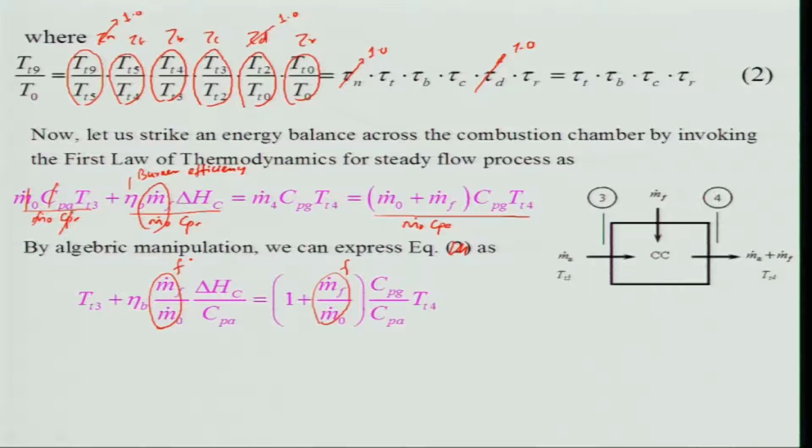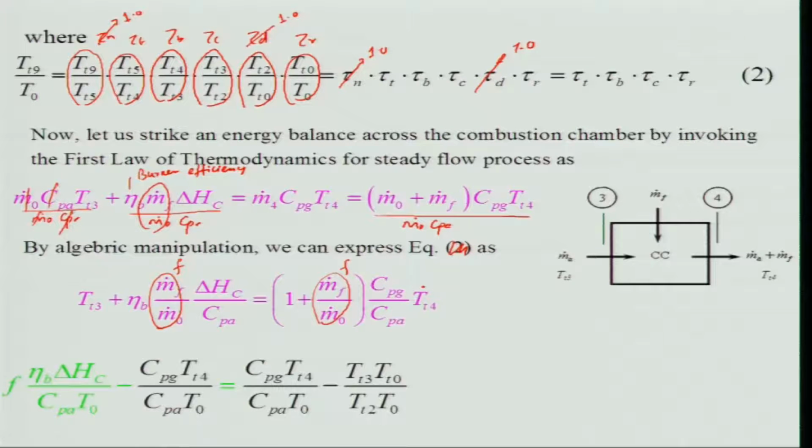I will get an expression for f by a little manipulation. I take this f to one side, so that f is on one side. Then I get f eta b delta S c by C p t naught minus C p g T T 4 by C p a, equal to C p g T T 4 by C p a T naught minus T T 3 by T T 2.